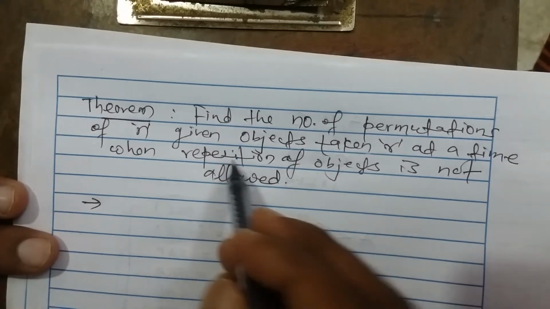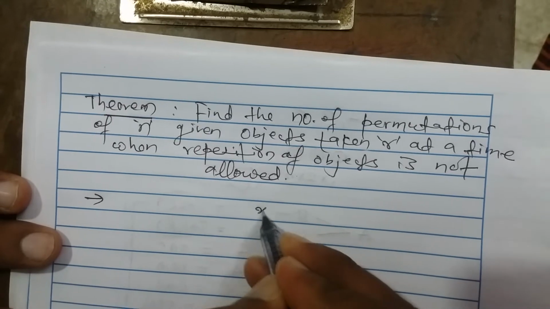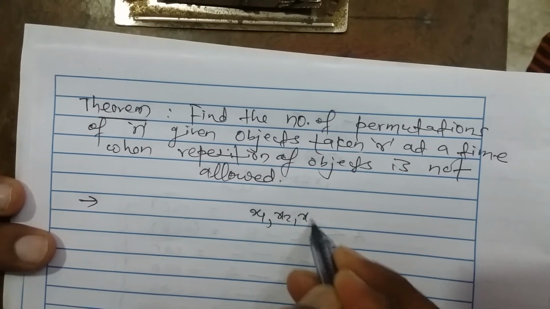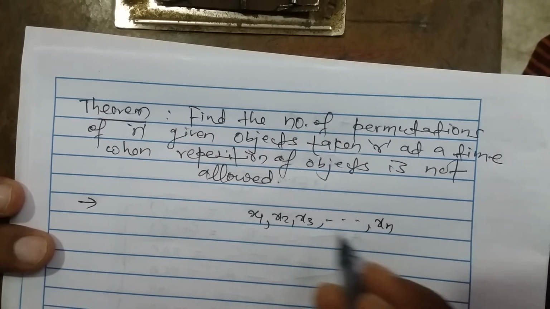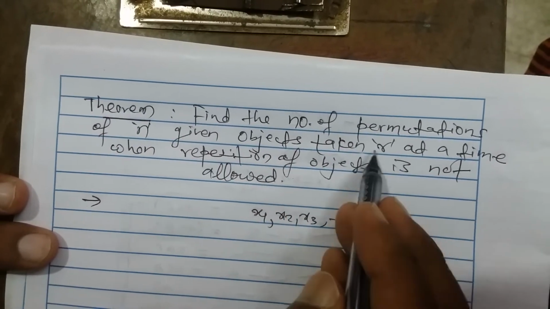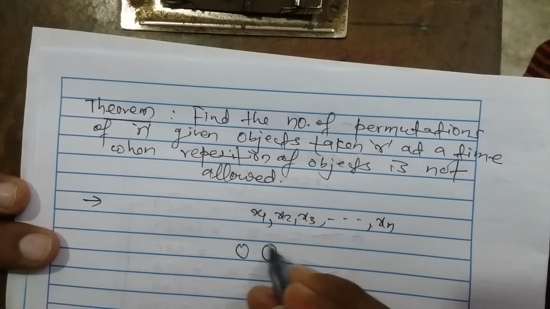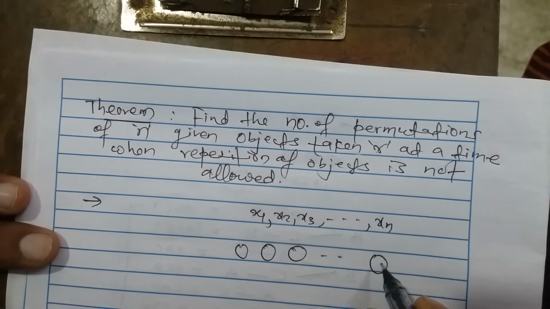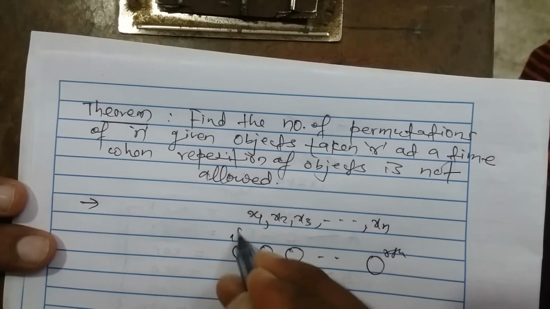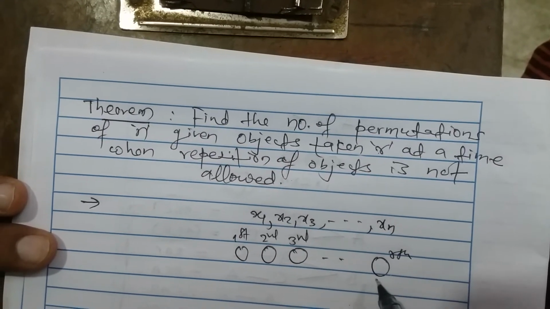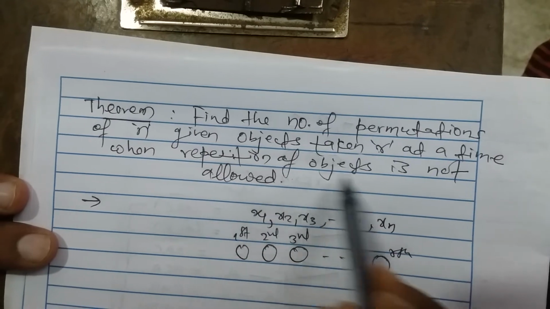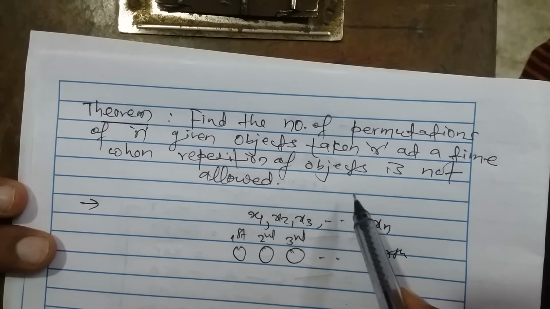Here you are given n objects. Suppose the objects are x1, x2, x3 and so on up to xn. There are r places to be filled: first place, second place, third place, up to the rth place. Repetition of objects is not allowed.